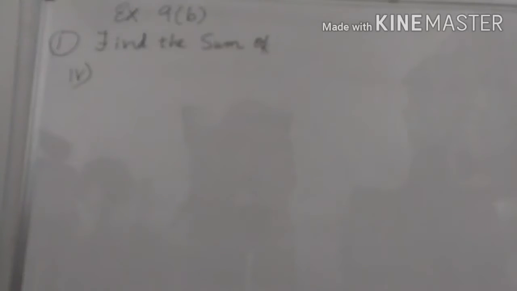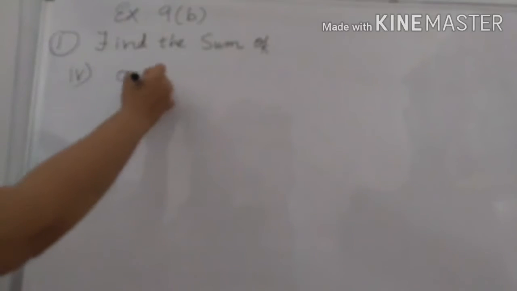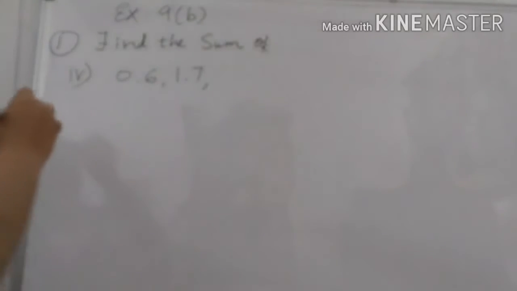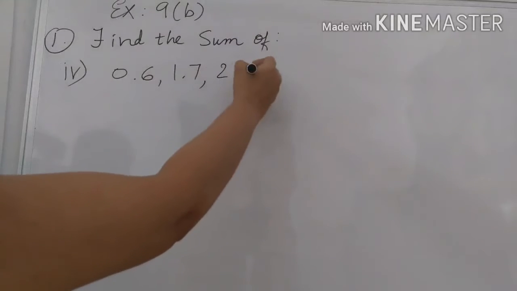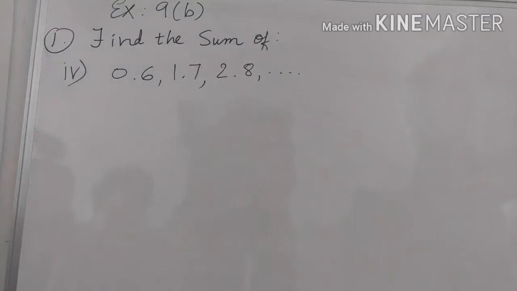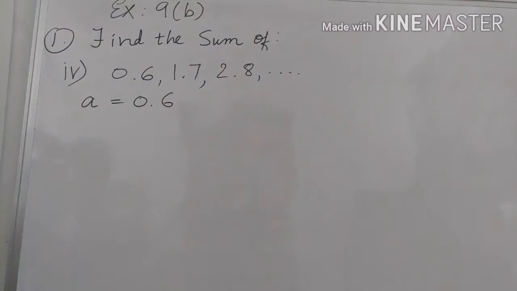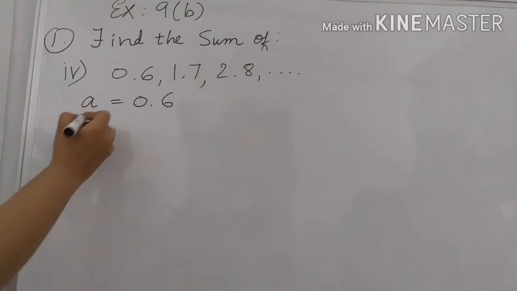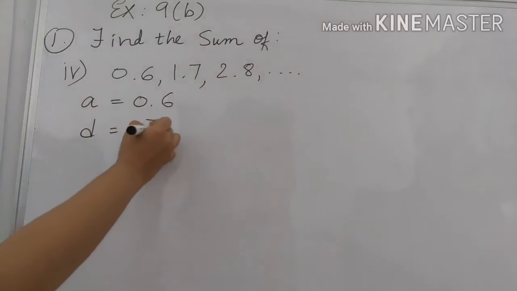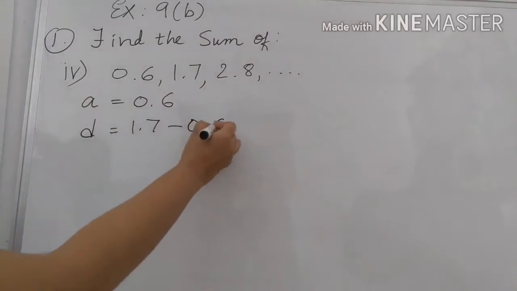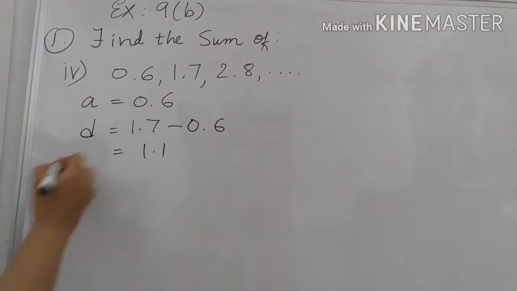Now let us take exercise 9b, number fourth, that is find 24 terms of the AP 0.6, 1.7, then 2.8 and so on. So from this AP I can write first term is equal to 0.6 and common difference is equal to 1.7 minus 0.6, that is 1.1.